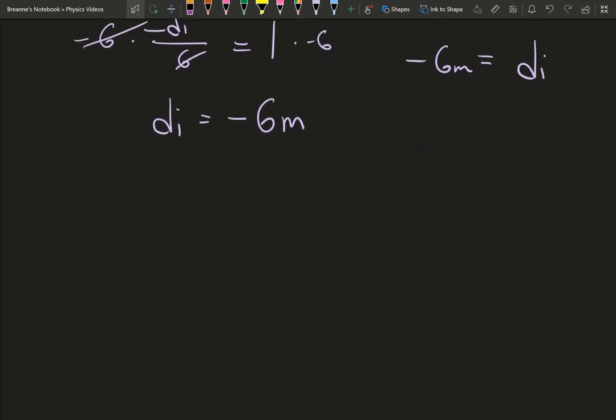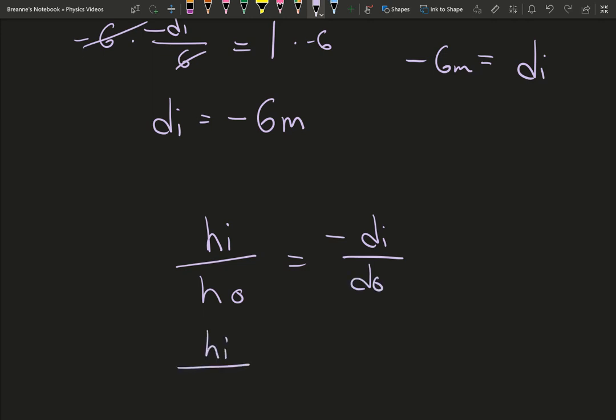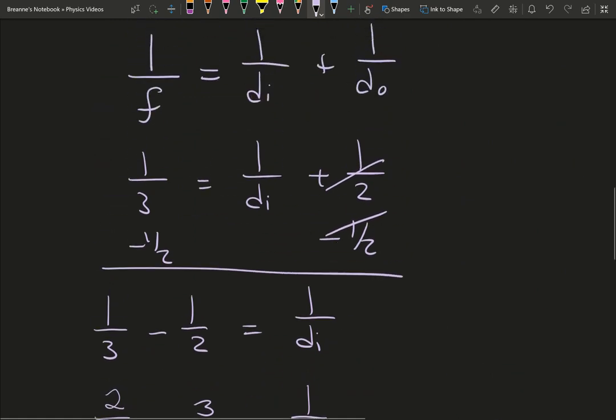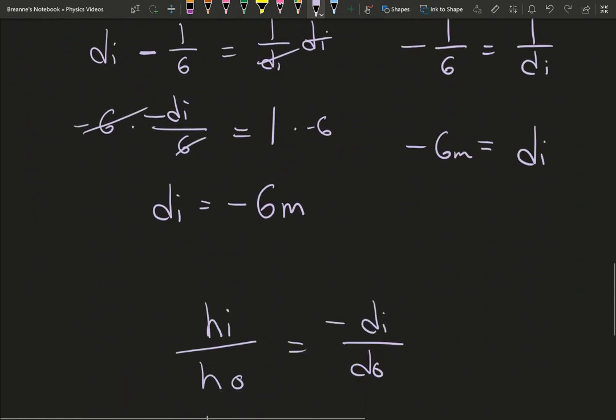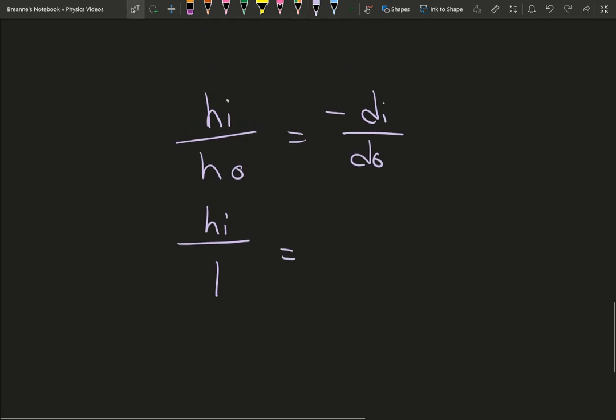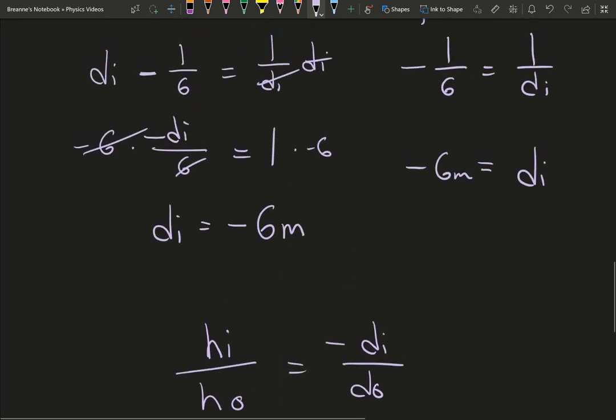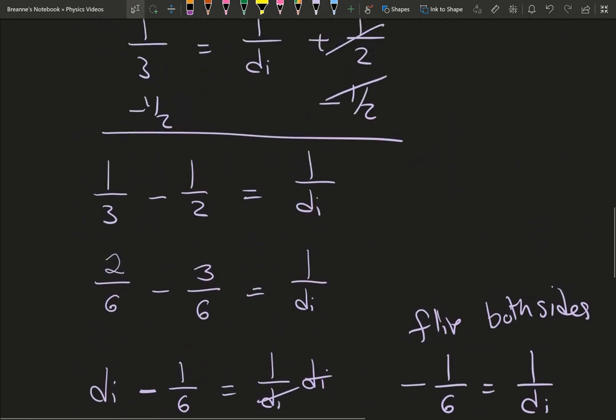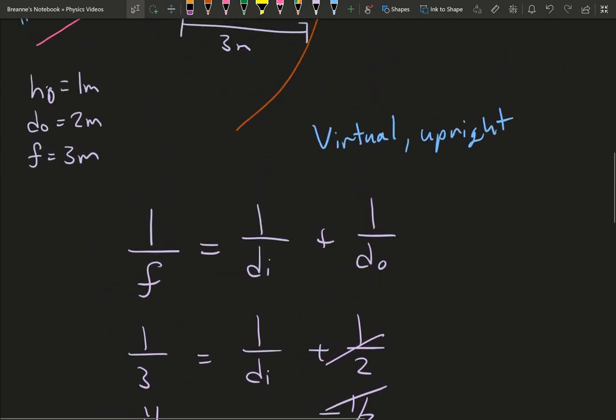Now if we're looking for HI, HI over HO equals negative DI over DO. Our HO was, what did I say it was? It was 1, equals our negative 6, we just figured that out, over DO, which was 2, right?